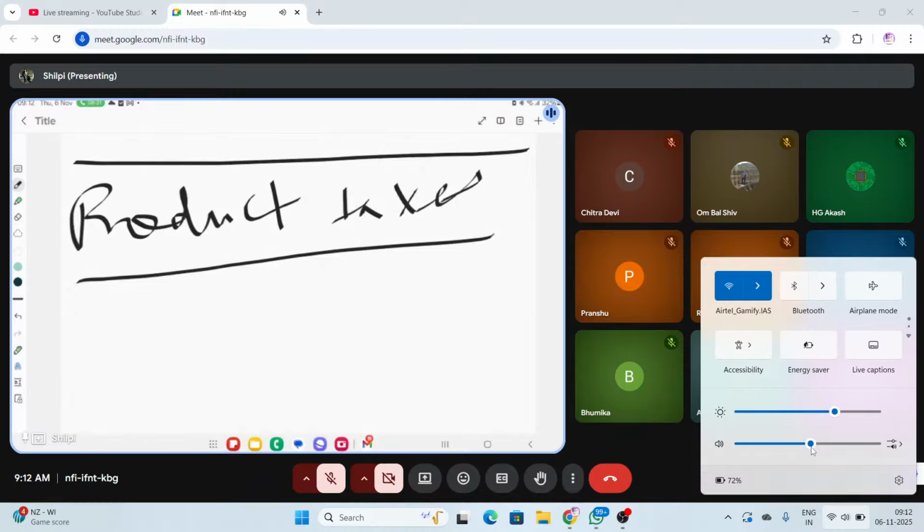Production taxes and production subsidies have to be paid regardless of the volume of production you are doing. But product taxes and subsidies are related to the volume and value of the production. So they are levied per unit of product. Whatever quantity you produce, you have to pay the product tax or product subsidy on that quantity. So it is levied per unit.